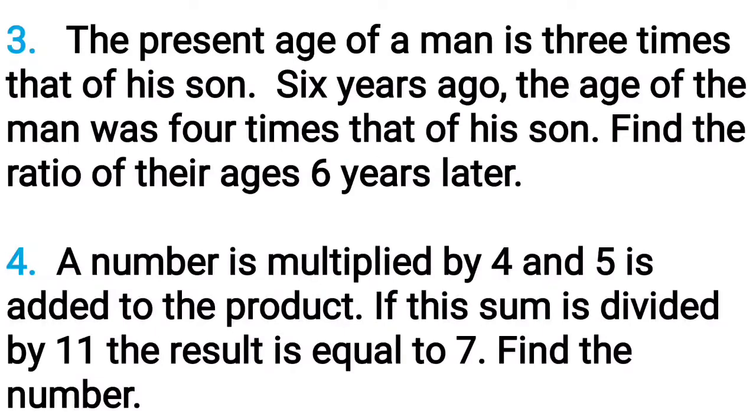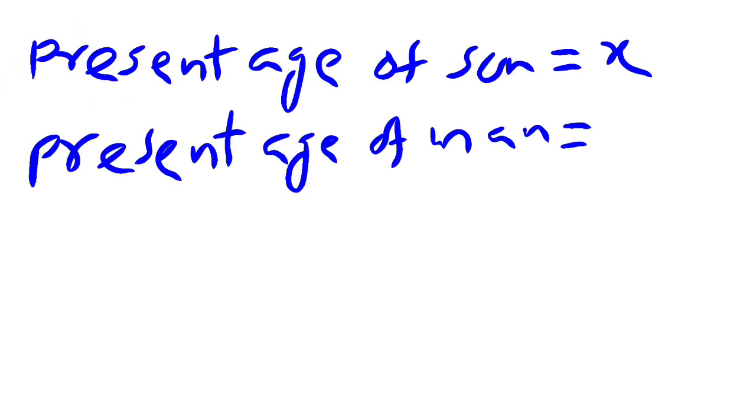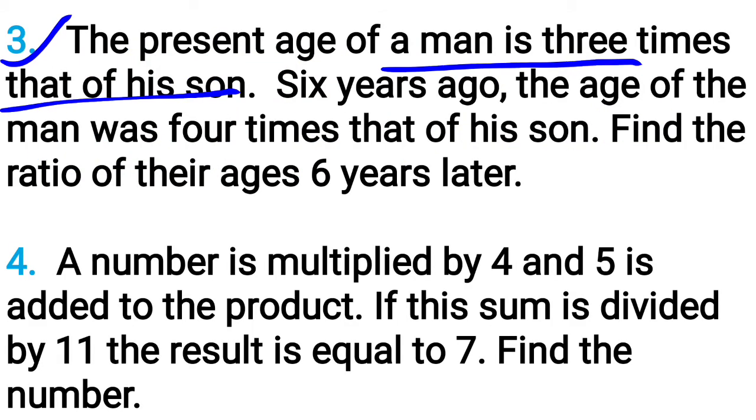Next, third question: the present age of a man is 3 times that of his son. So the present age of the man is 3 times that of his son. I took the son's age as x years, then the present age of the man is 3 times the son's age, so 3 into x is 3x.